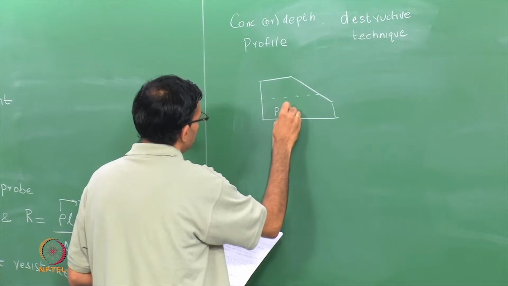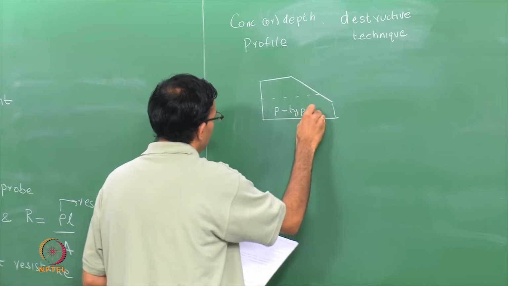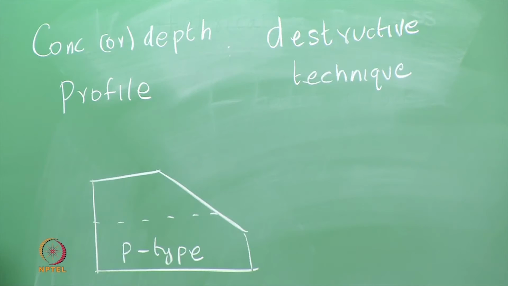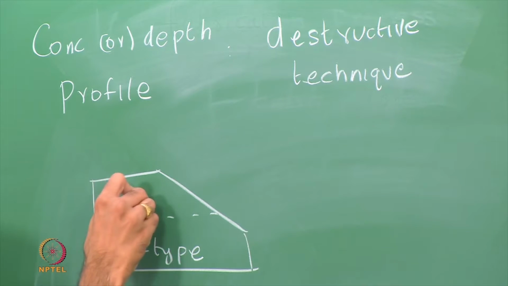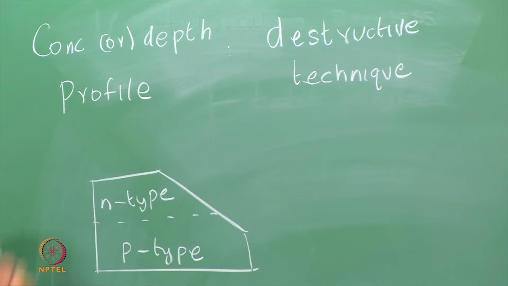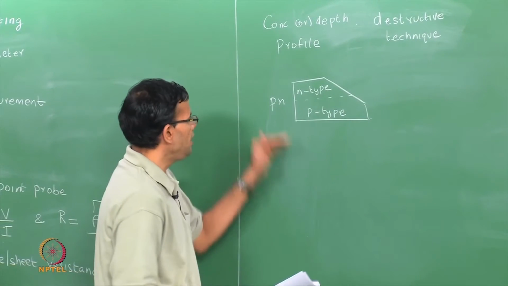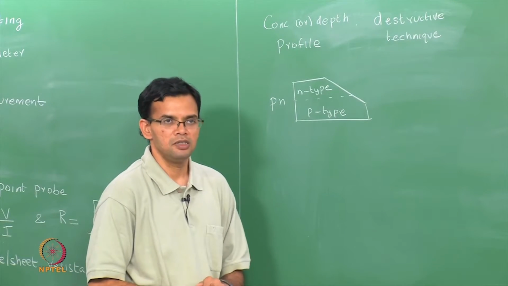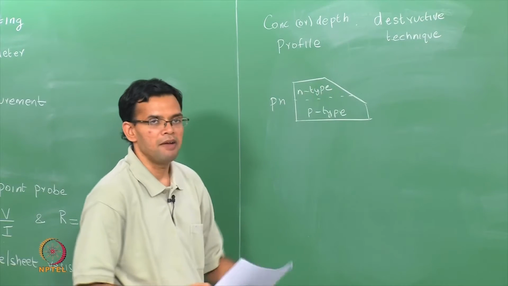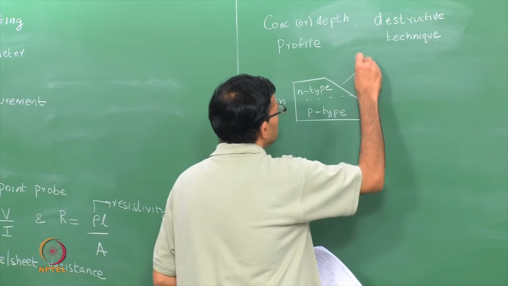So, we start off with a p-type material. We have doped a certain region of this material n-type up to a certain depth, so that we now have your p-n junction. We can find the depth of this p-n junction by etching a bevel onto your wafer.